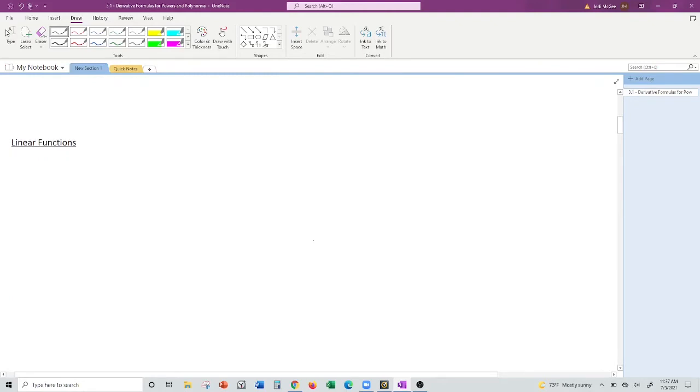Next, we can look at linear functions. I'm going to try to do minimal writing today, just a lot more talking. So we already know that the slope of a line is constant.